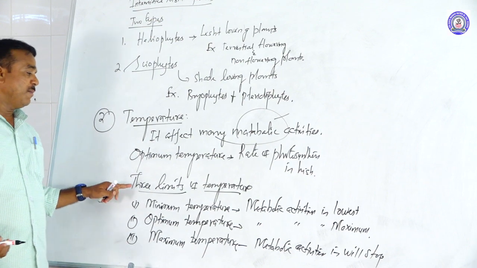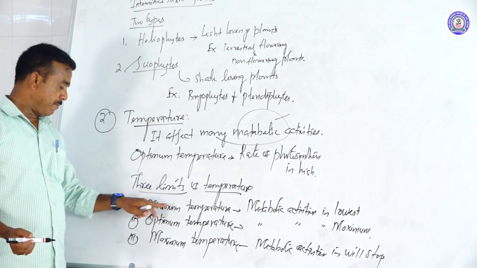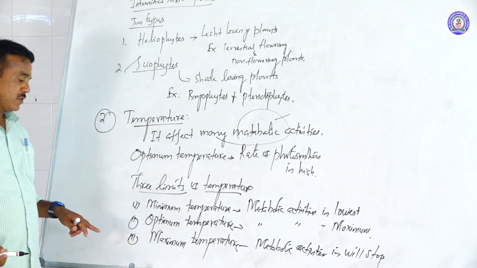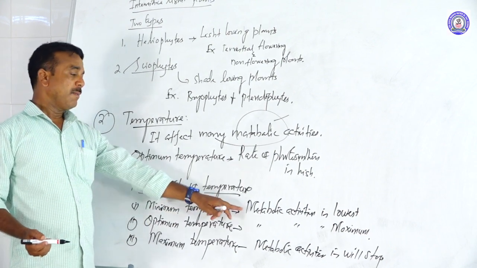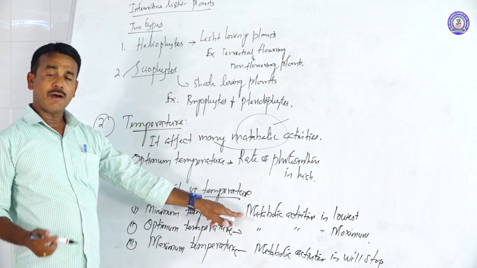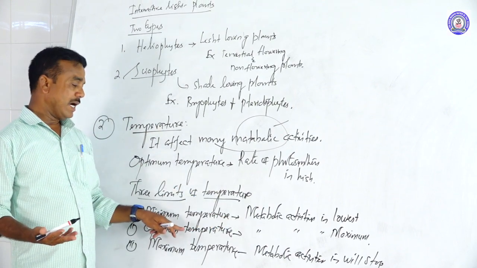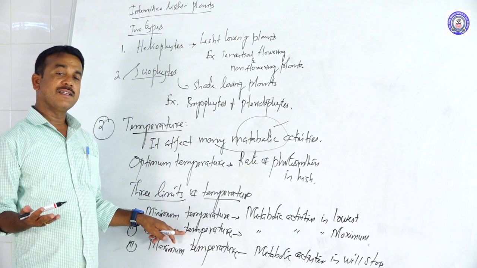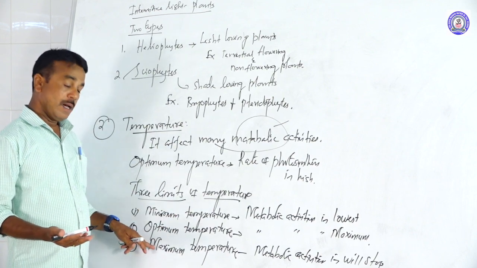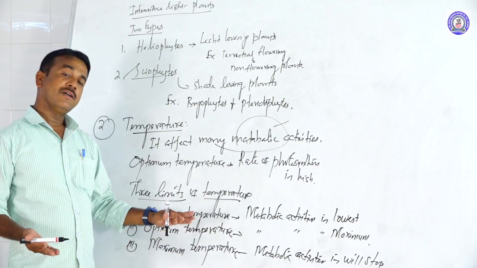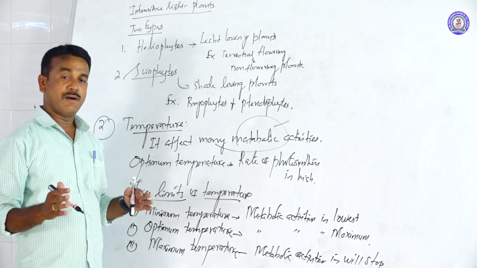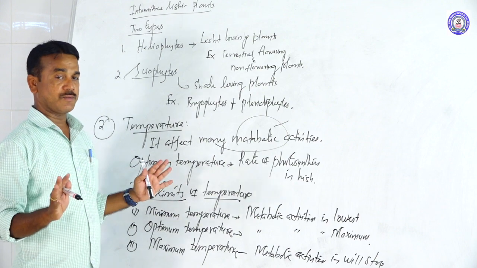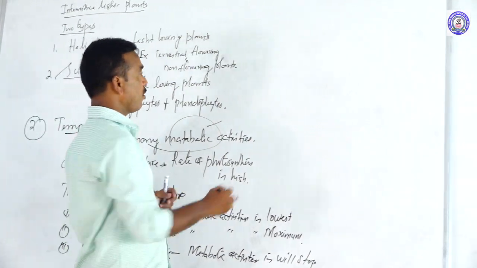So based on the three limits of temperature: at minimum temperature, metabolic activities are reduced or lowest. At optimum temperature, the metabolic rate is maximum. But when the maximum temperature occurs, the metabolic rate stops. The next one we are going to discuss is like this.